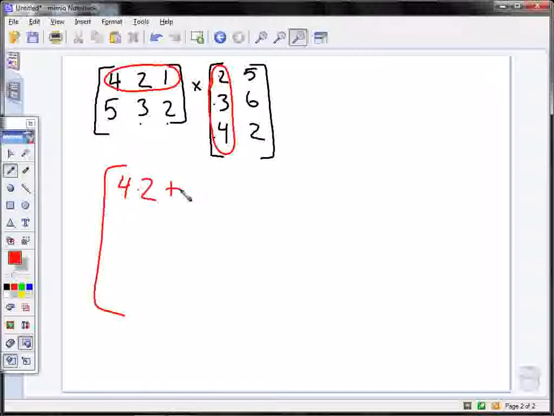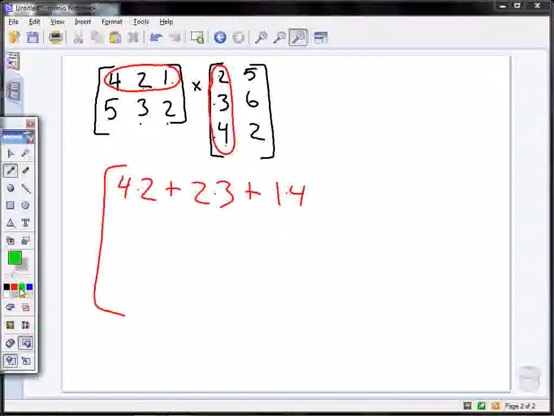And I add 2 times 3, the second elements. And then I add 1 times 4, which are my third elements. That's going to be my first stop there.